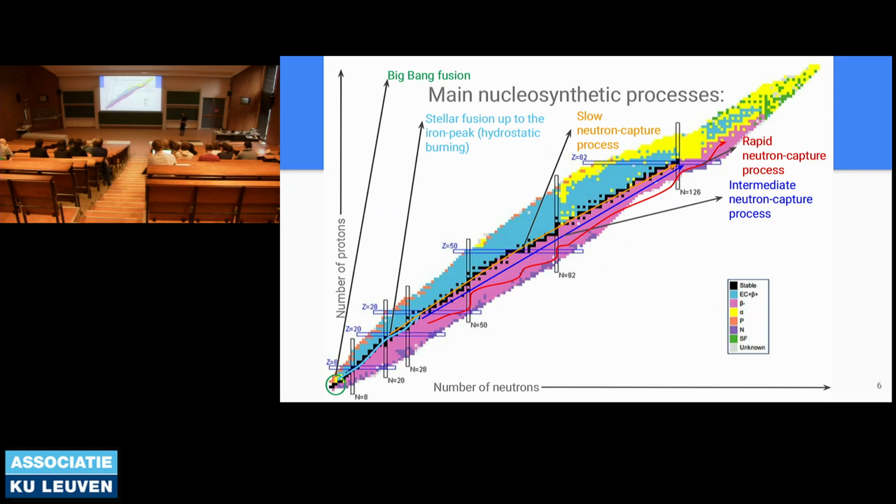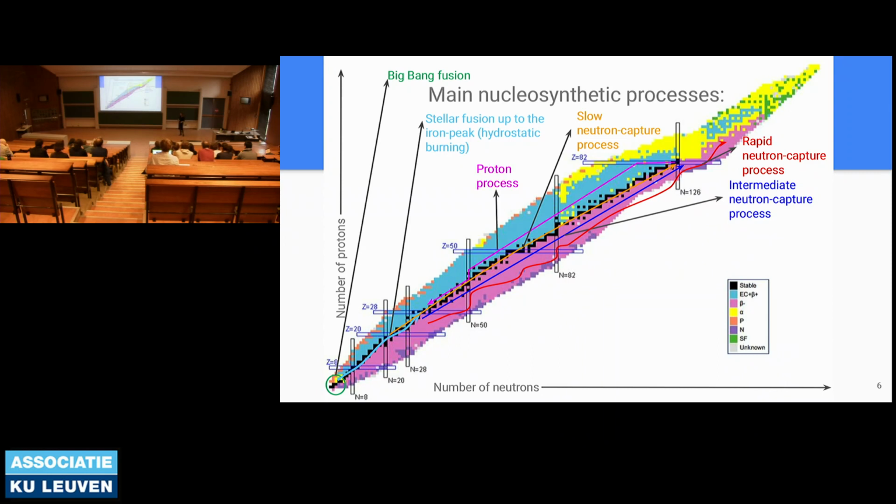Then we get the rapid neutron capture process, and this is how we actually get to the top of the chart. So the rapid neutron process is you capture a lot of neutrons, and then you start decaying. But now we've covered maybe half of the chart, because we're only at the bottom half now.